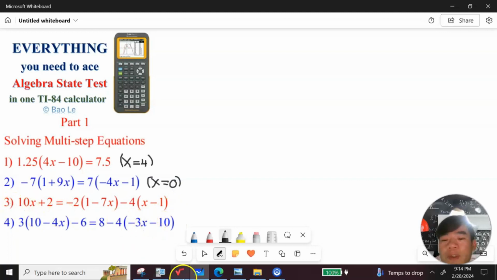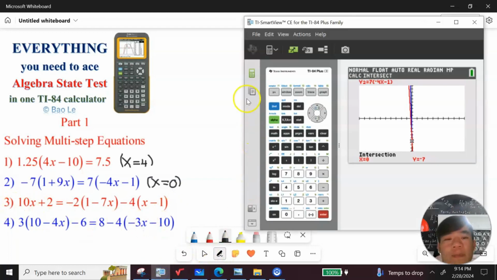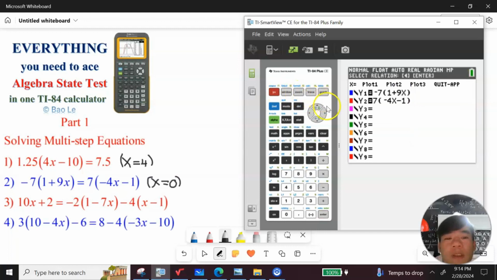All right, now let's move on to number 3. Same thing. Hit Y equals, the left hand side should be 10x plus 2. The right hand side should be Y2.